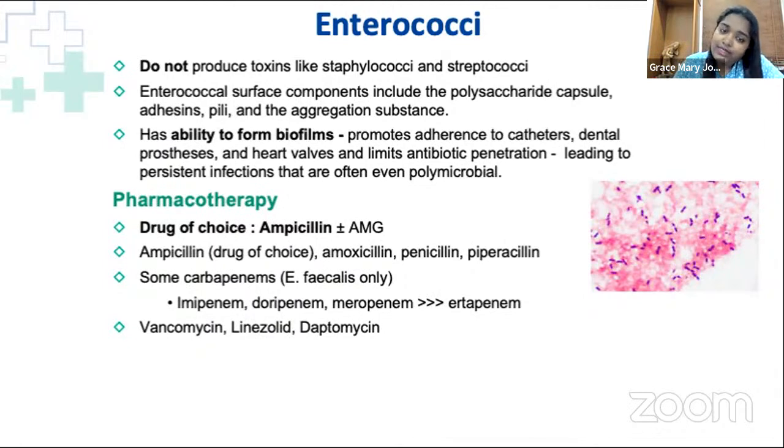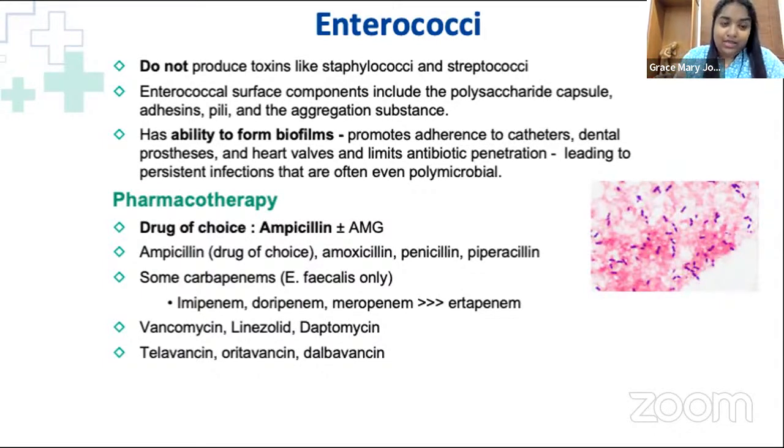Faecium is usually, I would say, worse than MRSA. Faecium is always resistant. And usually all these drugs don't work except for vancomycin and daptomycin. And the newer drugs that are currently being studied against Enterococci are telavancin, oritavancin, and dalbavancin.